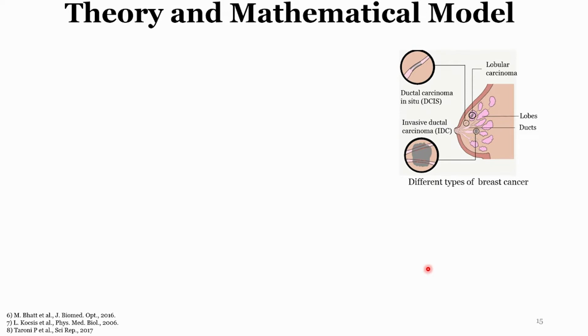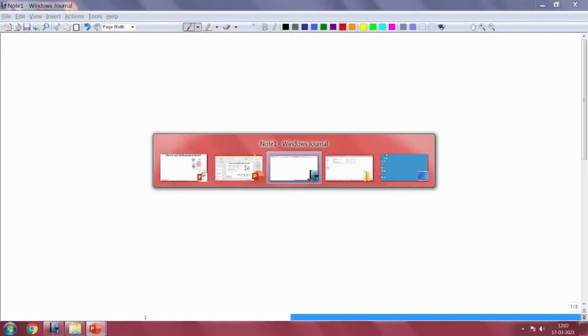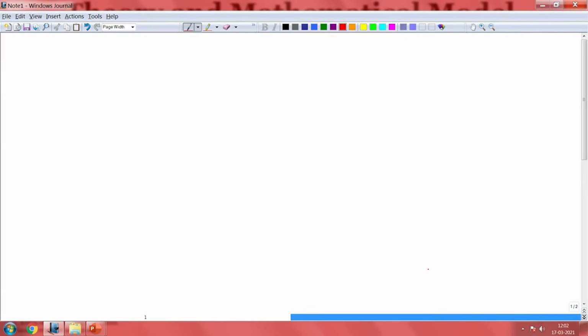Now, the first part is where people started to work with the Beer-Lambert law. So, what do we have over here?